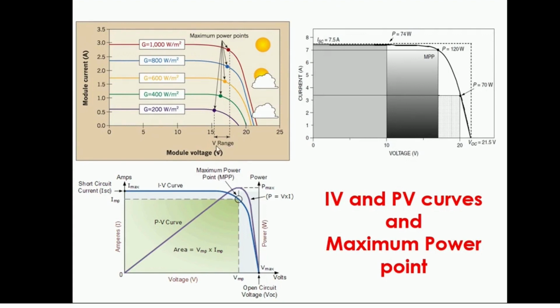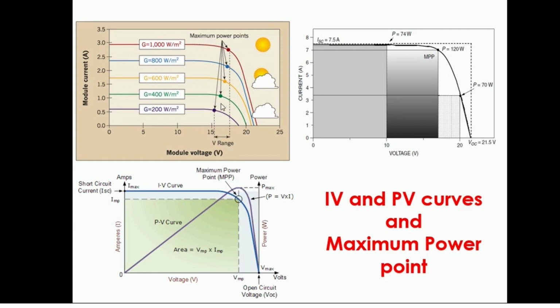So this is the graph of photovoltaics, that is the IV curve of photovoltaics, in which with the change in radiation various maximum power points have been tracked. And this is what the range of V means.